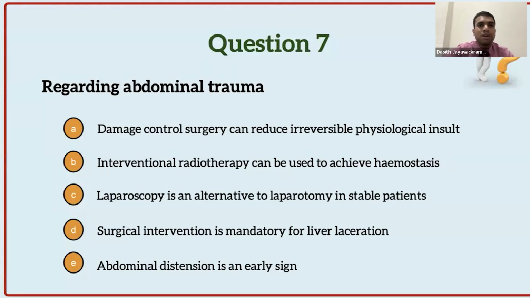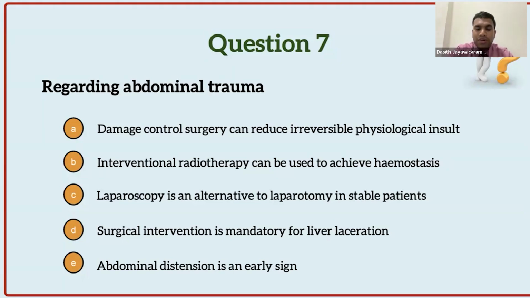So imagine a patient is having a liver laceration and bleeding. We do a damage control surgery, and in that surgery we see that there is also a large bowel injury. We are not going to repair that. We might even clip the two ends and come out.